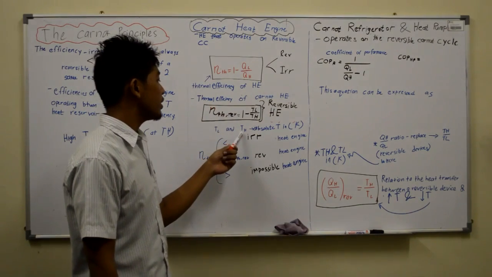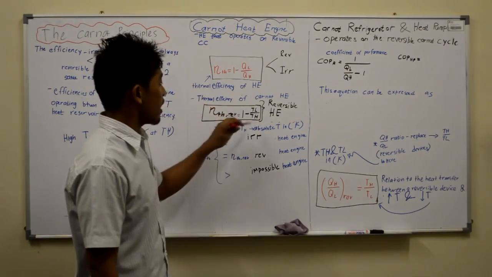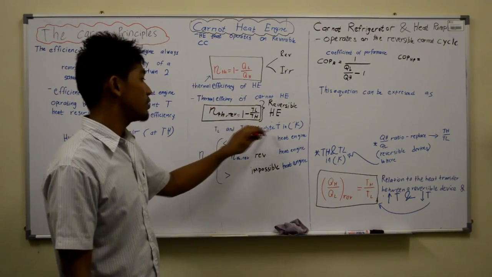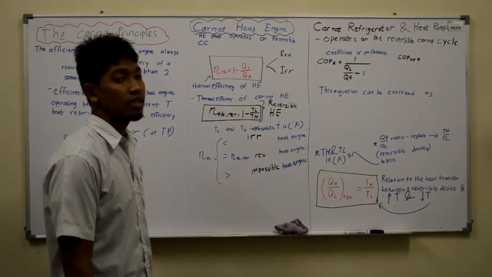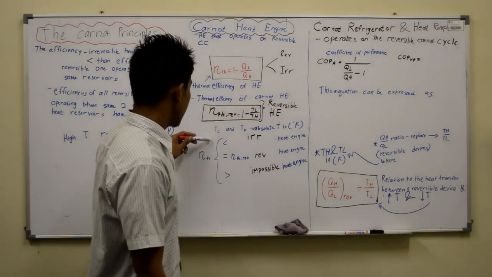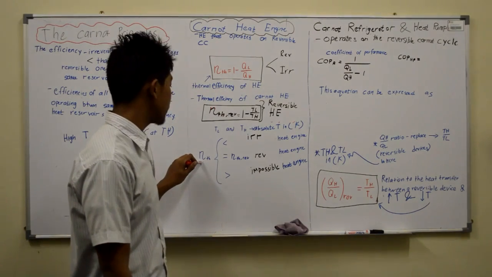TL and TH are both in Kelvin, which means absolute temperature, the SI unit.